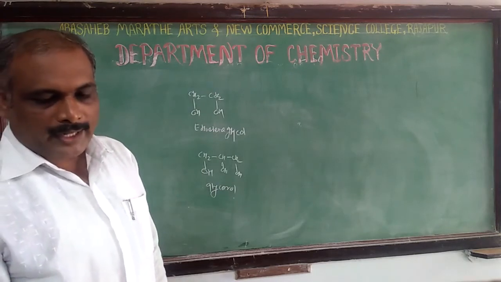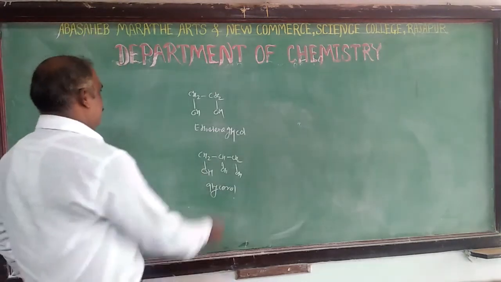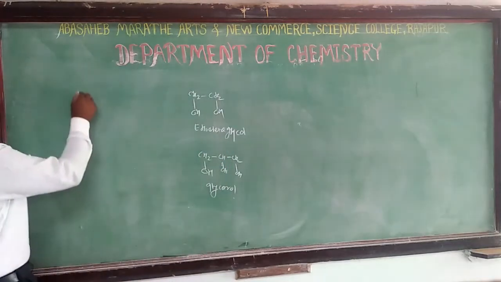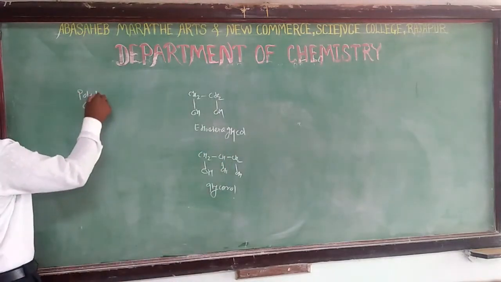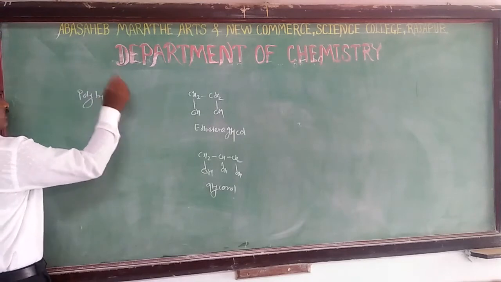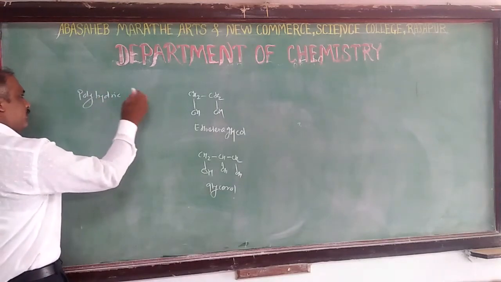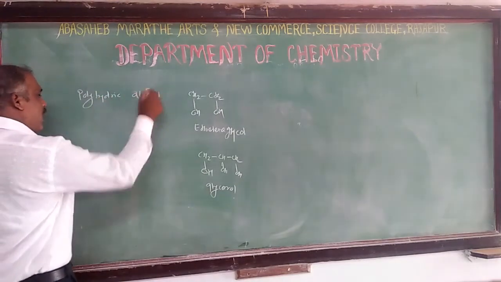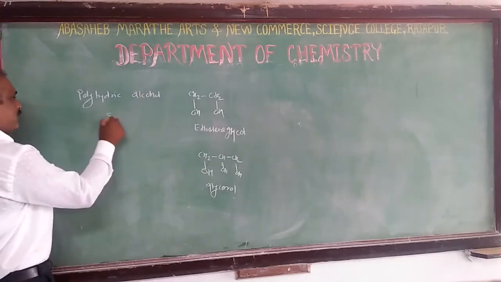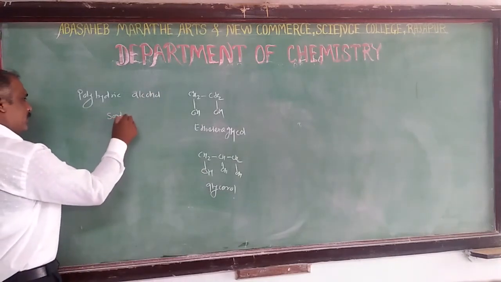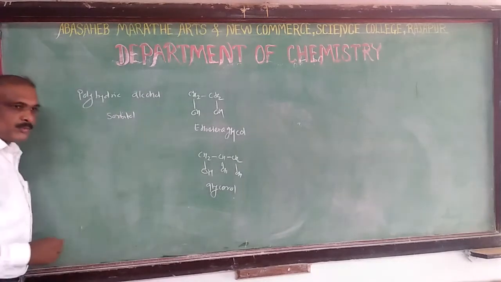And next, polyhydric alcohols. Polyhydric alcohols are like sorbitol.